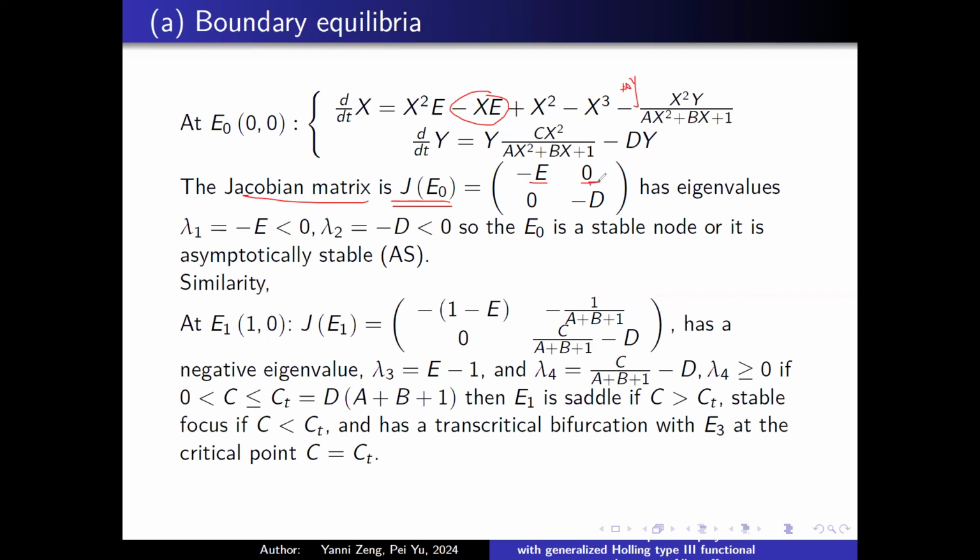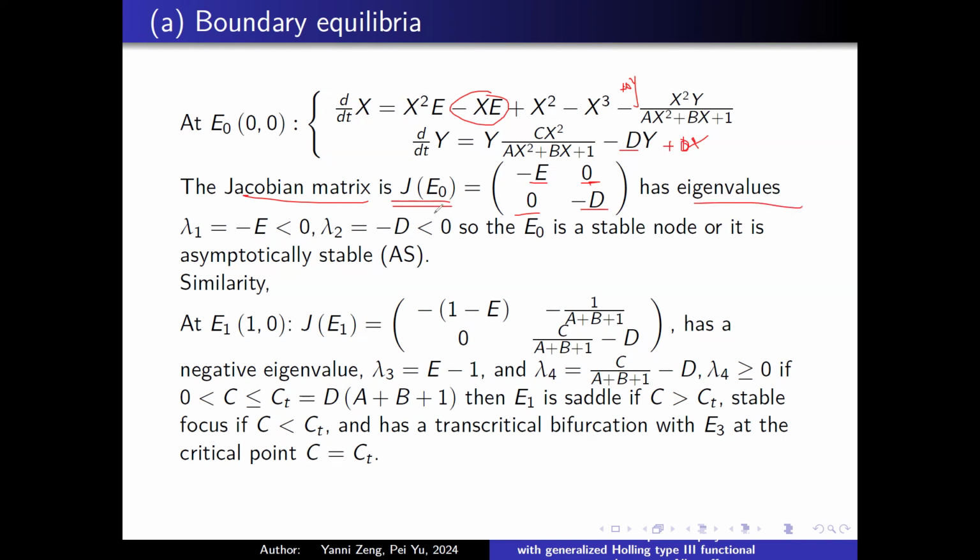And the linear term of the second equation is x, and no x here. Because it's constant, the coefficient of x is 0. So we write it down here, and minus d. So this Jacobian matrix has eigenvalues.